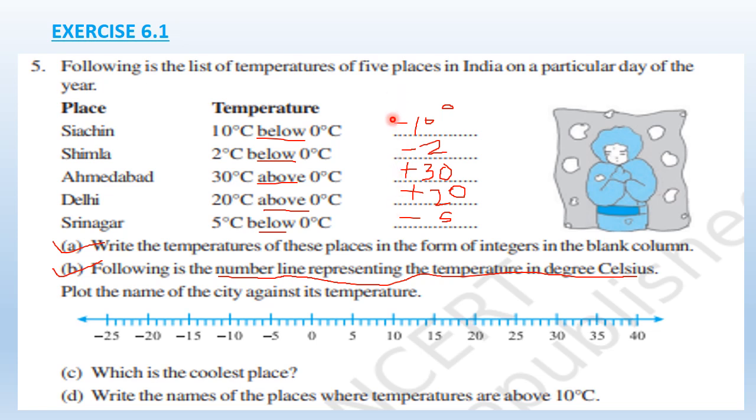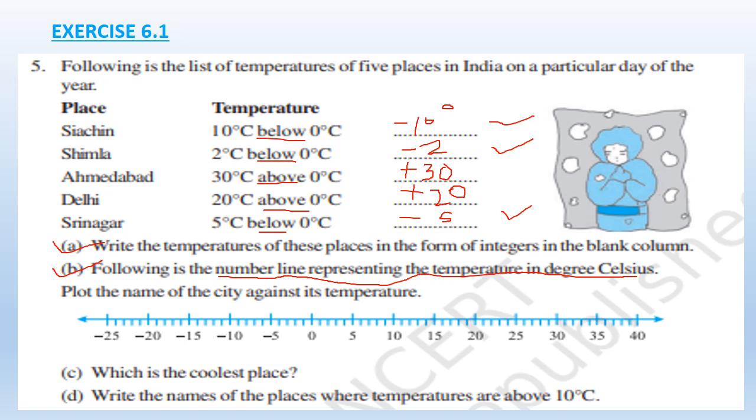So out of these, which is the coolest one? We have to decide. Now tell me, is minus 10 bigger, or minus 2 bigger, or minus 5 bigger? I think I told you that the farther a number is from 0, the smaller it is compared to the other number.